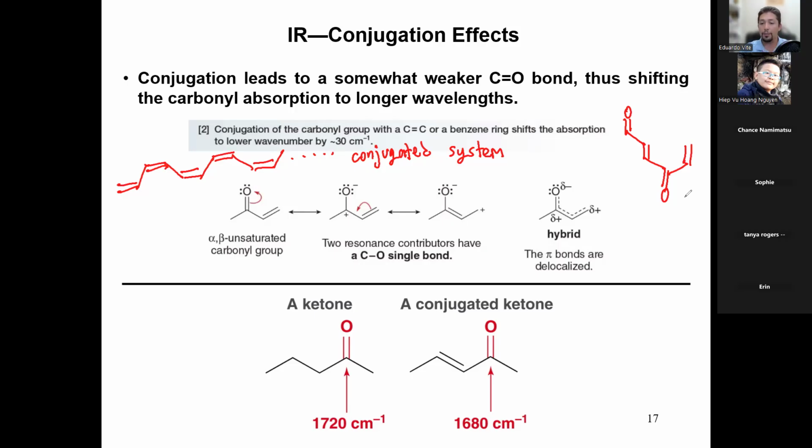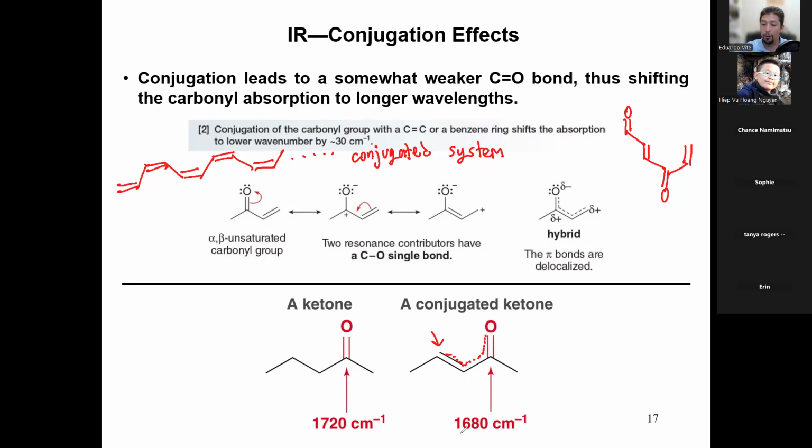If you look at the bottom example, a carbonyl of a ketone at 1720, as soon as you introduce this double bond and make it into a conjugated system, well, now this double bond of the carbonyl is like a bond and a half because you have this resonance right over here. The charge is spread out. So you don't have a double bond anymore. You have a 1.5 bond. That's weaker.